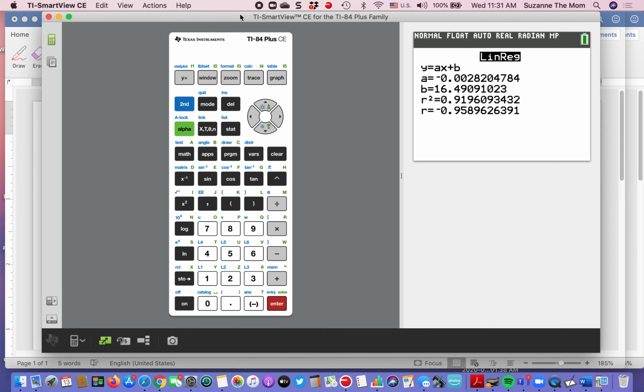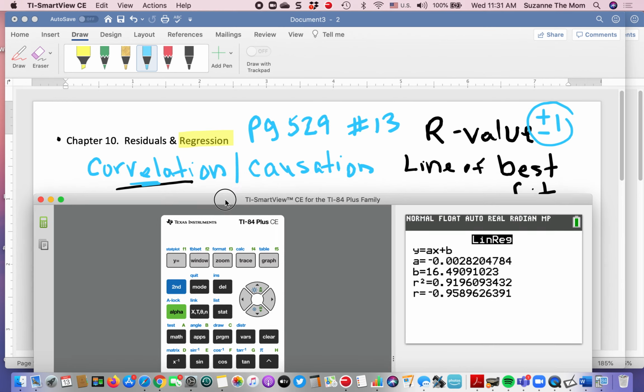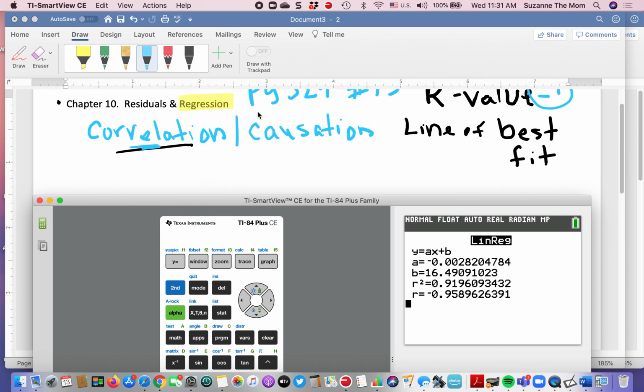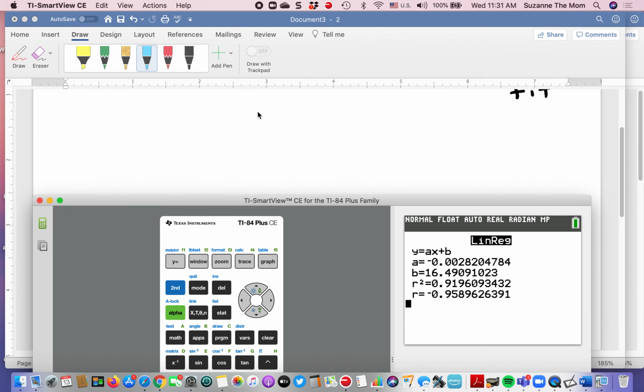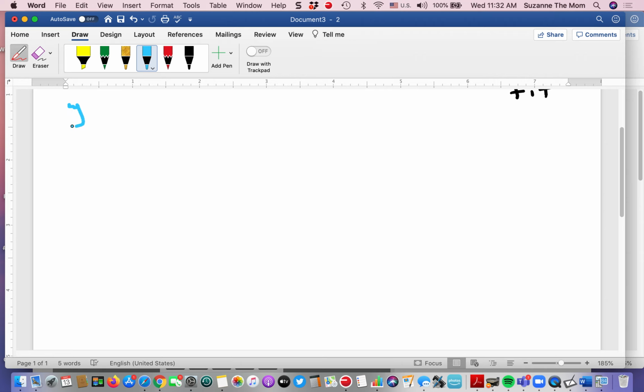Okay. So you want to write down the values of this equation. Notice it says here the form that you're going to use. The equation is in y equals ax plus b form. Y equals ax plus b, and a is your slope.